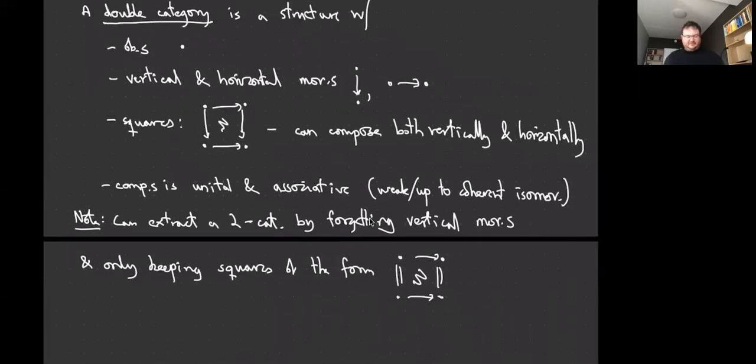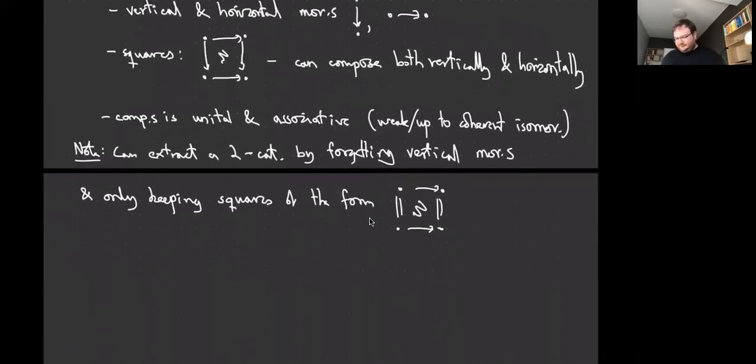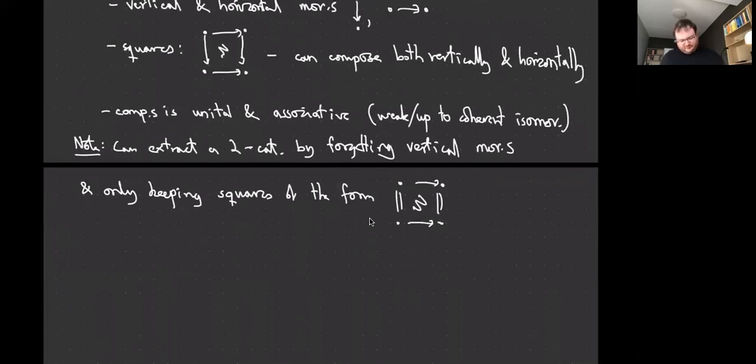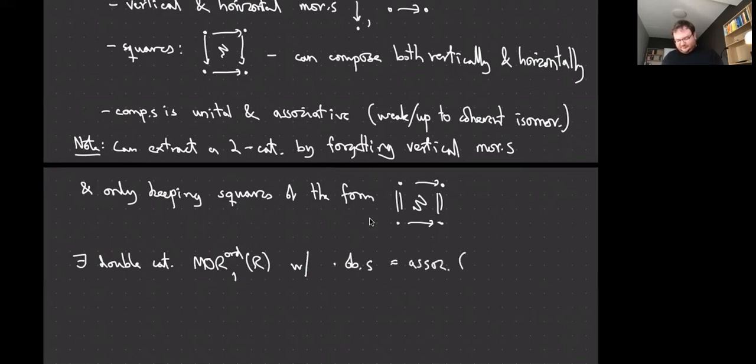So a double category has an underlying 2-category, or maybe a bicategory if we made it just weakly associative. And going back to this example of the Morita category, there exists a double category which I'll call Morita, for ordinary, over R, where objects are associative R algebras.